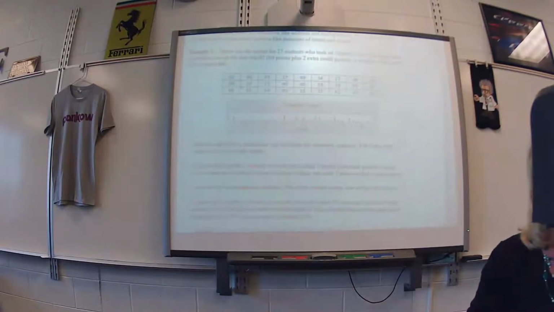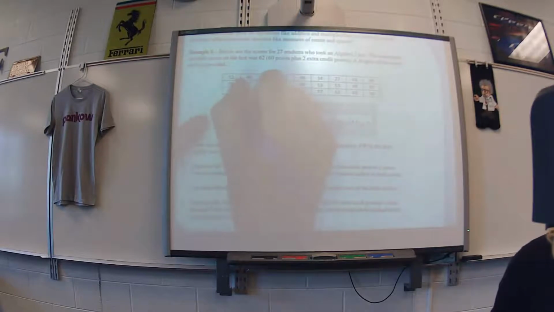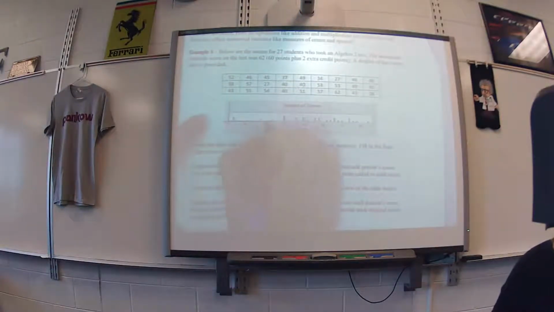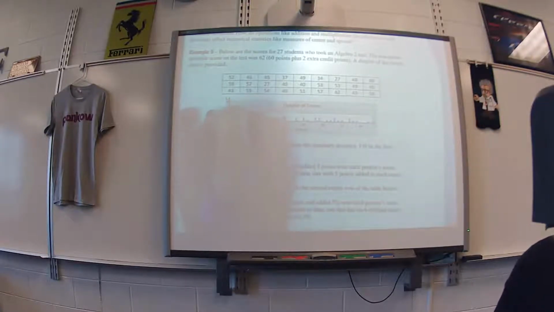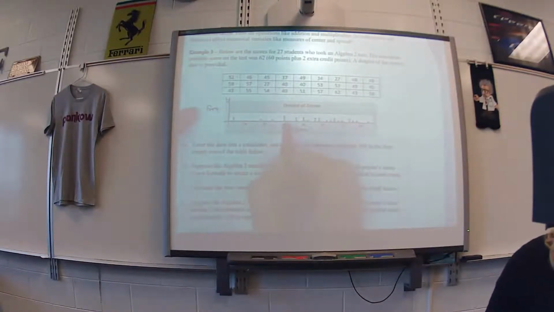Okay, so this is a graph. Now, I don't have an x-axis here, but I could. There could be an x-axis here and a y-axis, and the y-axis would be my frequency, which went anywhere up to 3.